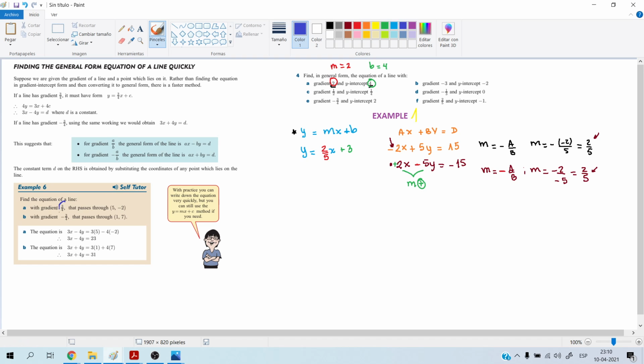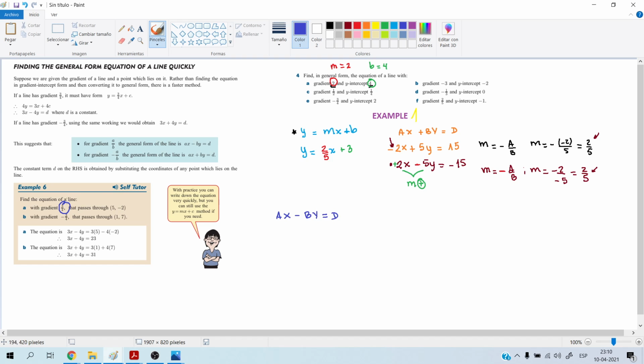When they give you the gradient, I mean, if we saw it, if I put it in the homework. So if you have the gradient and they tell you that it passes through this point, we know that if the gradient is positive, it means that my signs are going to be different. So ax minus by equals d, right?